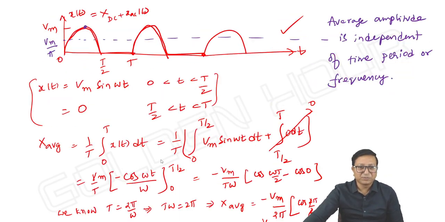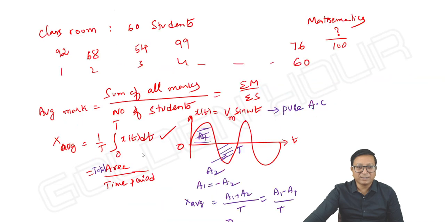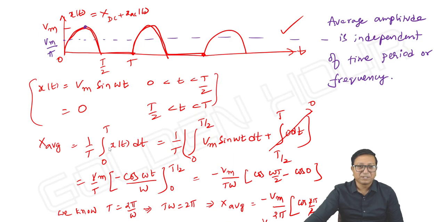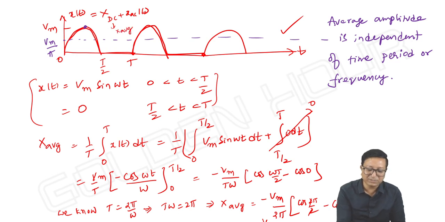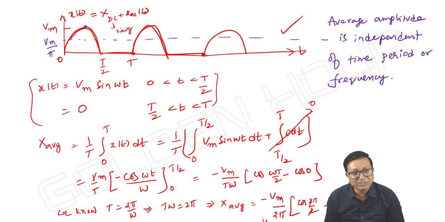As far as the sine wave is concerned, it looks like both AC and DC, but no DC is present. Average value is 0, and hence it is pure AC. But if you take the second example, it has some average value. According to Fourier series, it is a combination of DC and AC.